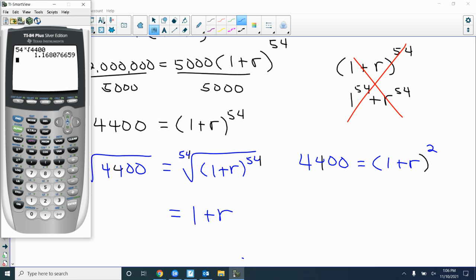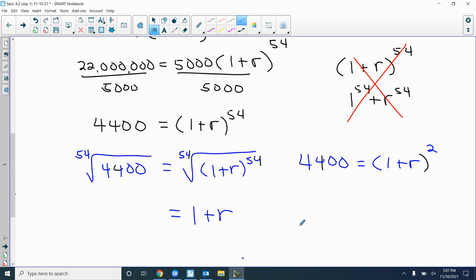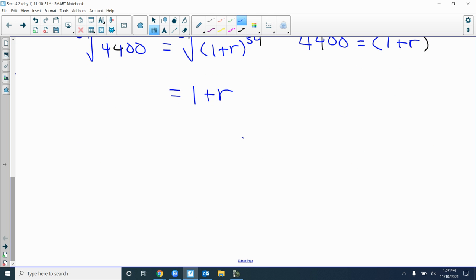I don't want to round off yet. So I have to take that, and what do I have to do to get r by itself? Subtract 1. Okay, did it take it? Oh, well. I'm just going to put down the 54th root of 4,400, and then subtract 1.